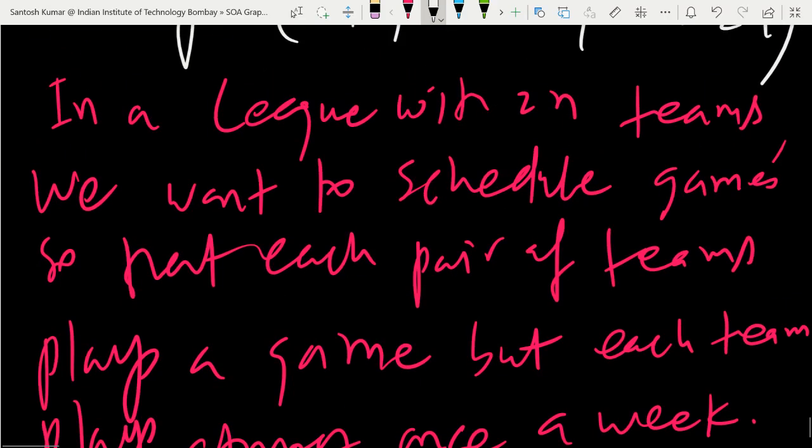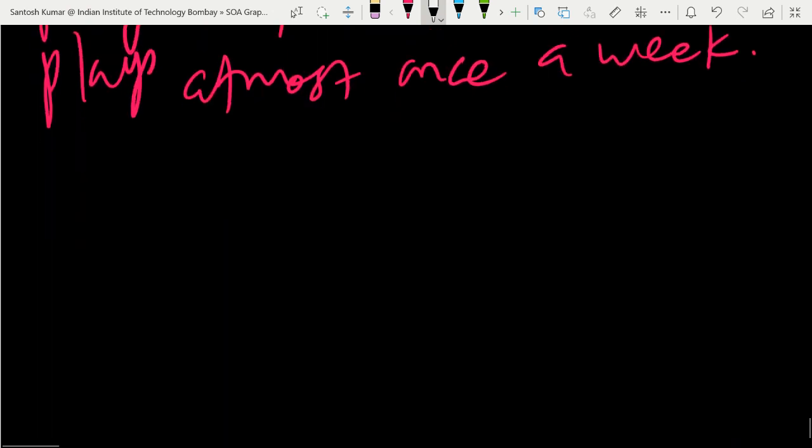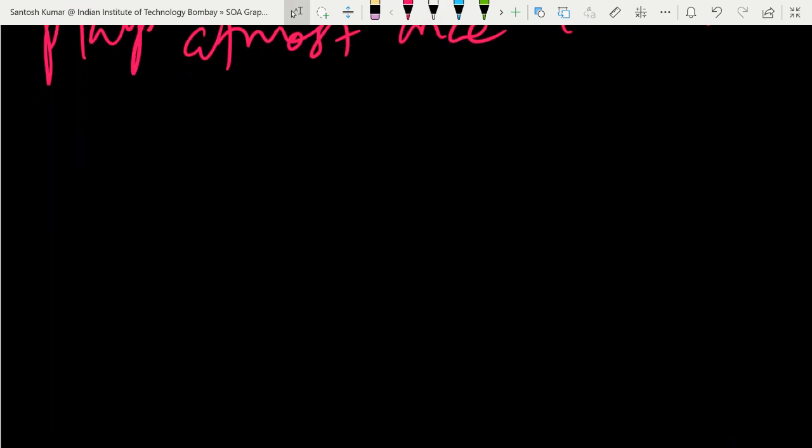There are a total of 2n teams. So one team will play a match with how many teams? 2n minus 1. Yes, 2n minus 1 teams. So each team will actually play 2n minus 1 matches.